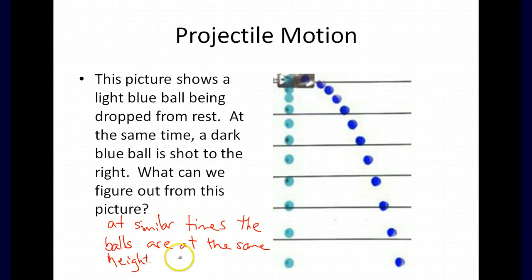Okay, and that's the first thing. The second thing is that both balls hit the ground at the same time. And that's key, that it takes the same amount of time for both balls to hit the ground.